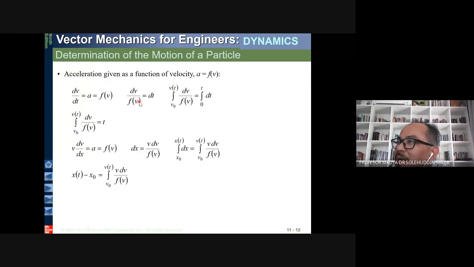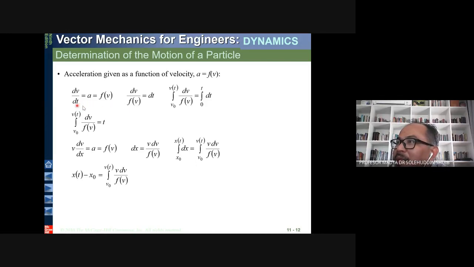So we start by writing dv dt equal to acceleration equal to fv, and then we take this one dv divided by fv, and then equal to dt. This is the way we arrange the location of this equation.